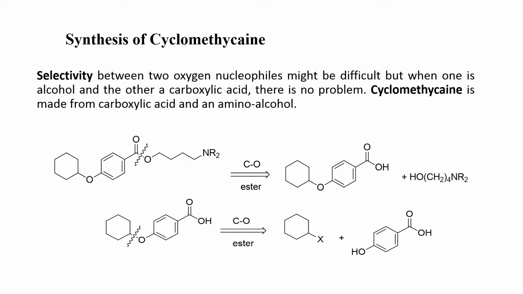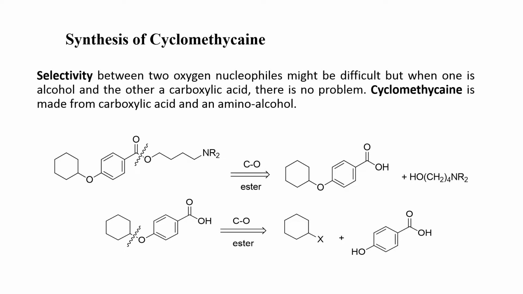In this example, as you can see the ester linkage, we will disconnect. If we do its retroanalysis, this ester linkage will be disconnected, and after C-O bond disconnection of the ester group, we will get this first retro product, which contains the carboxylic acid on the benzene ring along with an ether linkage at the para position with the cyclohexane.